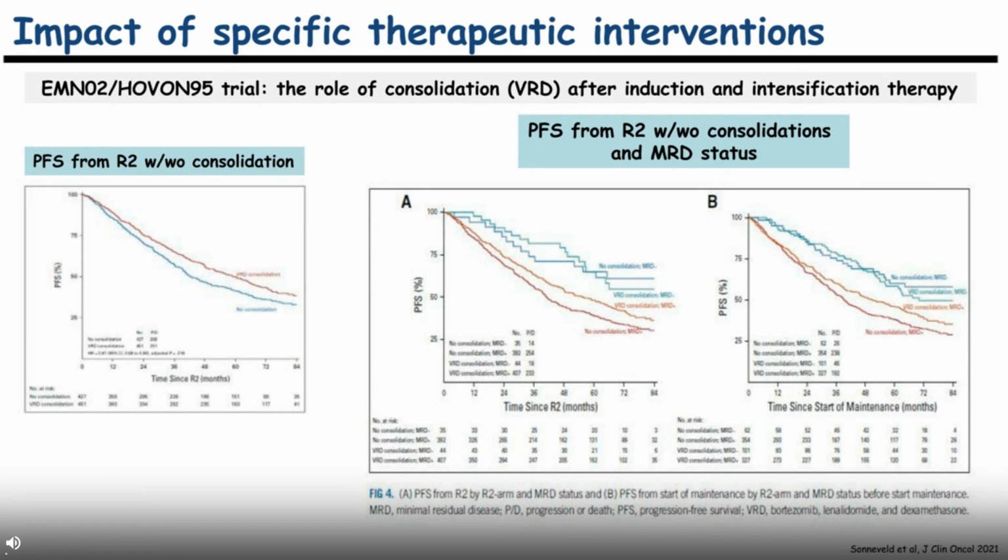Results show an overall benefit of consolidation in the total cohort of patients. Nonetheless, when we stratified them according to MRD status by flow cytometry, achieving MRD negativity surpasses the effect of receiving consolidation or not, indicating that in the MRD positive group, the impact of consolidation is still observed.